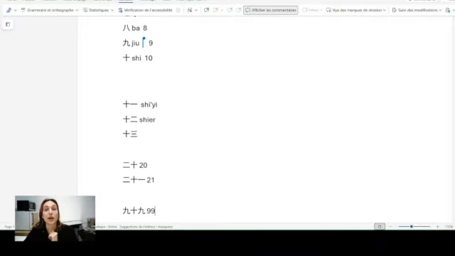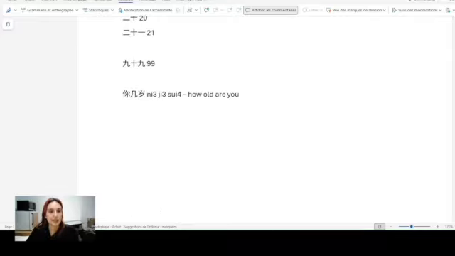好，let's see how to ask a person's age. 你几岁? So you can see 几 is third tone and 岁 is the fourth descending tone. 岁 refers to the years old part of the statement.